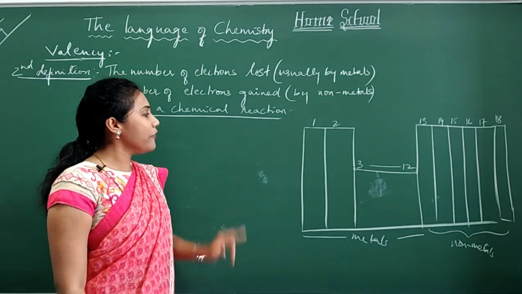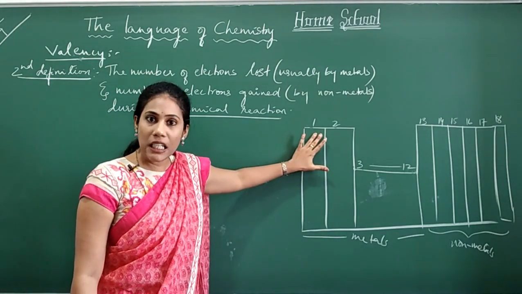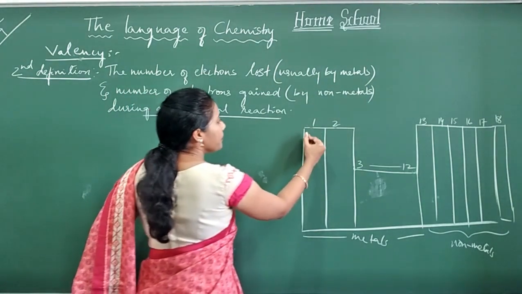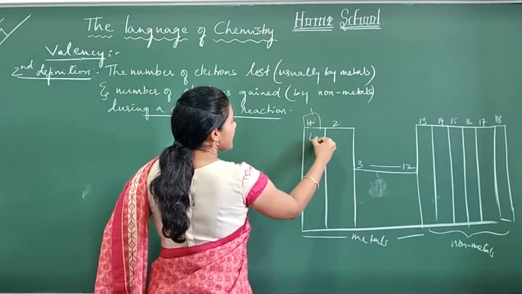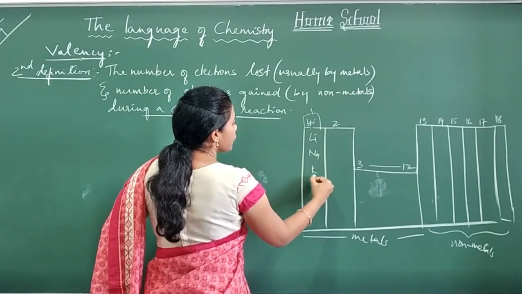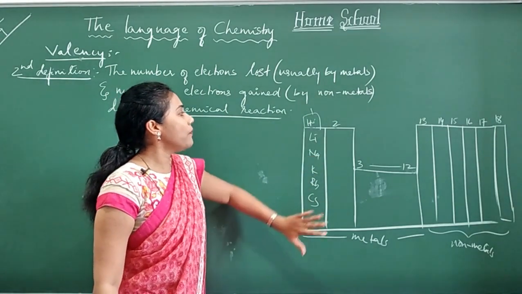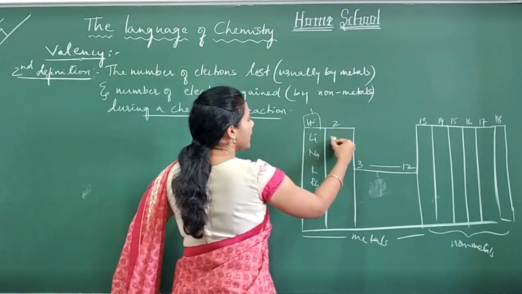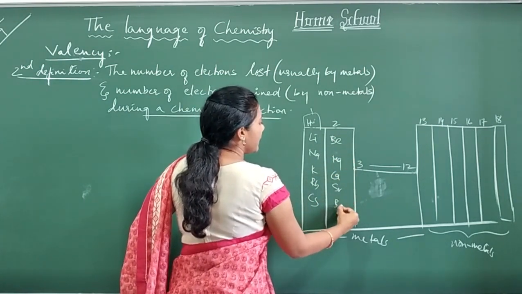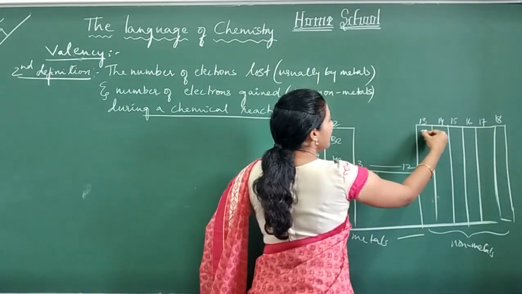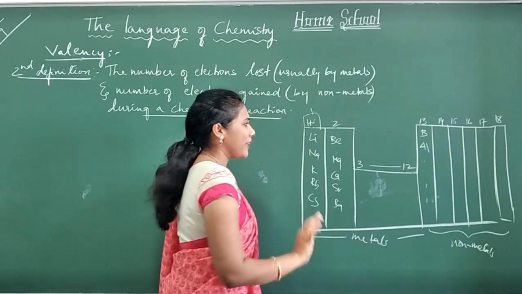So what you have to remember is the group number 1 elements. Can you tell the elements of group number 1? The first element is hydrogen, next is lithium, sodium, potassium, rubidium, cesium. In group 2, beryllium, magnesium, calcium, strontium and barium. Group 13 elements: boron, aluminium. At least 2 elements you can remember.